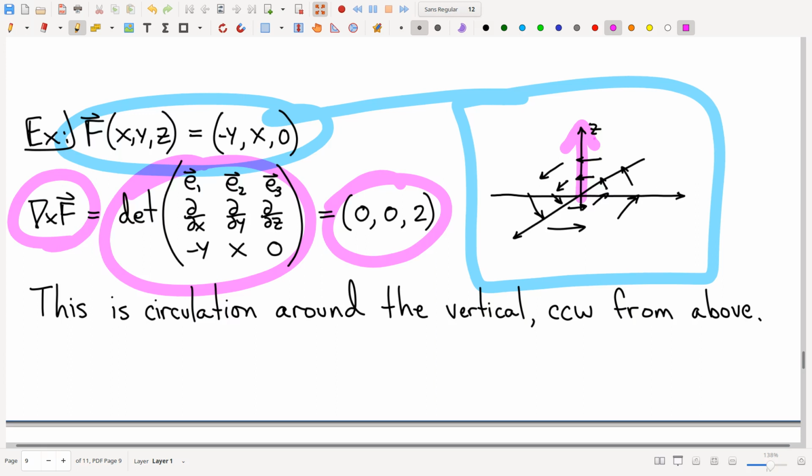And yeah, that's pretty consistent with what we're observing in the fluid in a right-hand sort of sense, right? So the axis, the curl, if you point your thumb along the curl, right? And if you look at your fingers and how they sort of point around your thumb, doing exactly what that fluid is. So the curl vector points in the direction of the axis that the fluid is rotating around.